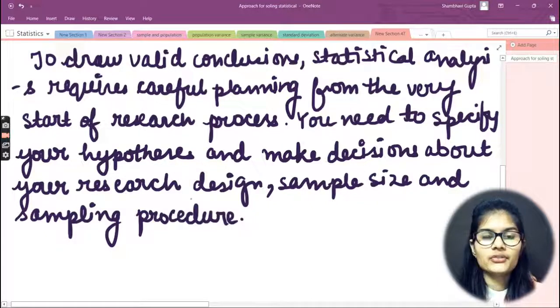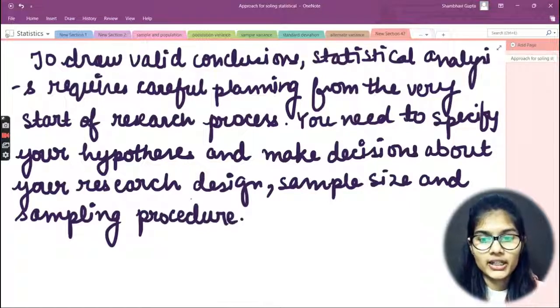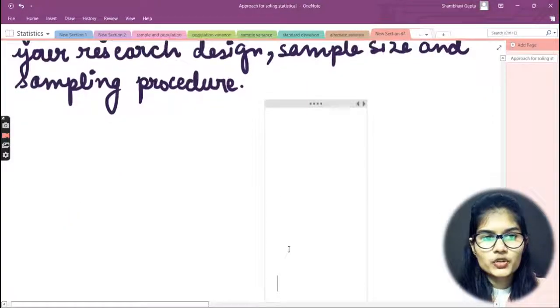So for drawing up the valid conclusions, the statistical analysis requires careful planning from the very start of the research process. Into that you need to specify your hypothesis and make decisions about your research design, your sample size and the sampling procedure.